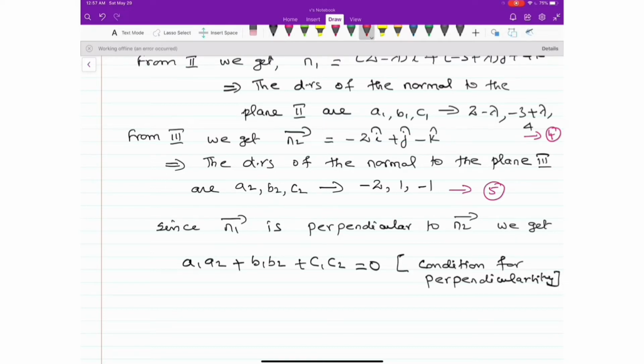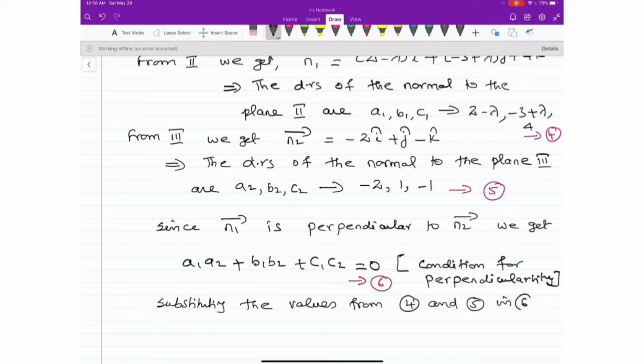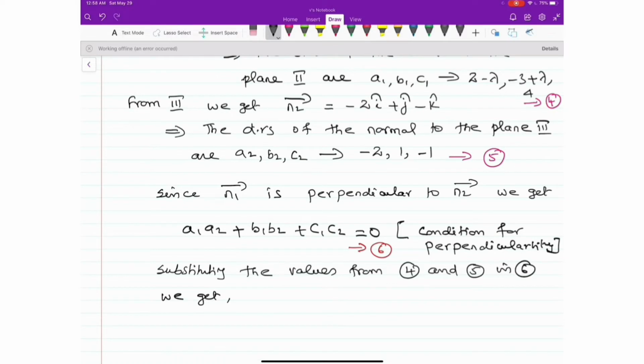Let me name this condition as 6. Now, substituting the values from 4 and 5 in 6, we get, come on, substitute a1 a2.